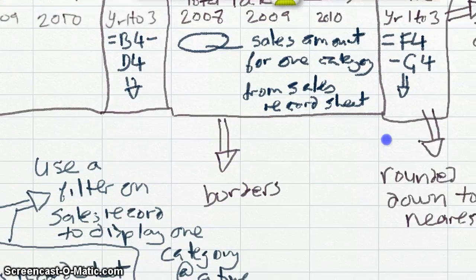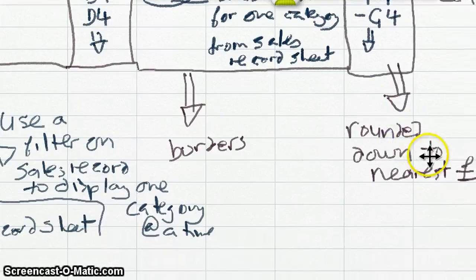Talked a bit about having some borders, rounded down to the nearest pound. I suppose here we could actually say the formula, so rather than just saying equals that, take away that, actually have equals round down there, which will make this a distinction piece of work. So one last thing, that's it actually on the summary sheet.